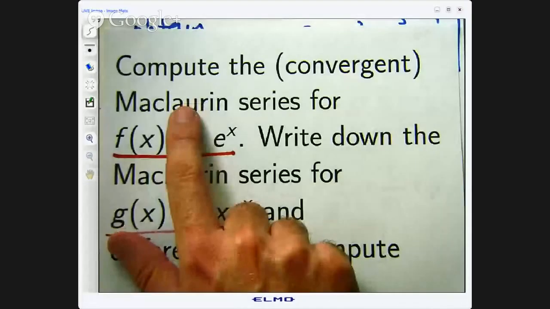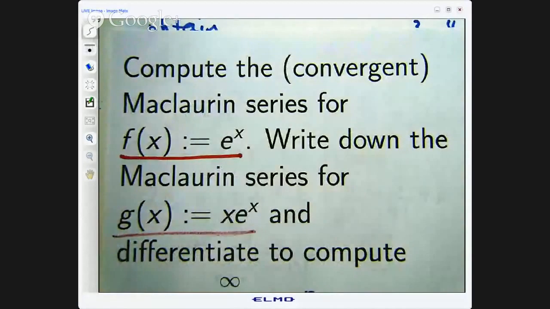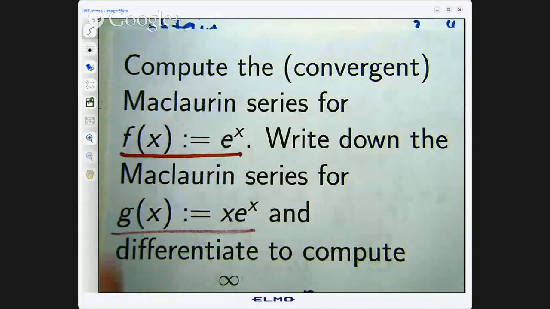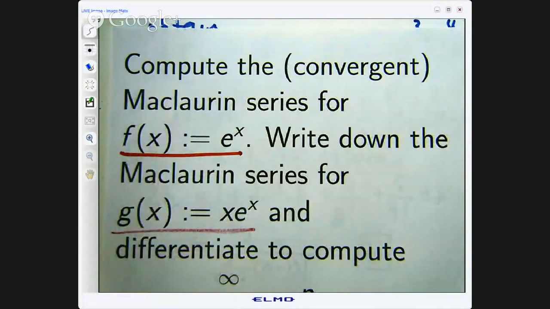That is pretty impressive from a series point of view, because it's tricky in a Calculus 2 course to come up with exact values for series. Okay, let's just quickly recap what we've done. We were asked to compute a Maclaurin series for this function. That depended on the value of f at 0 and all its derivatives.